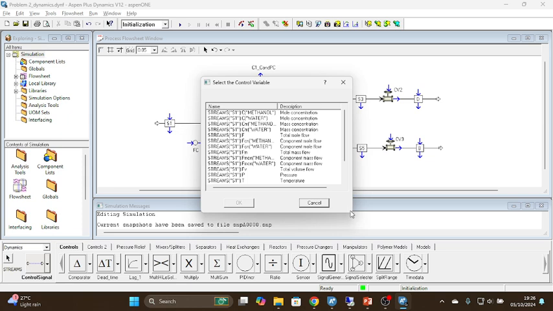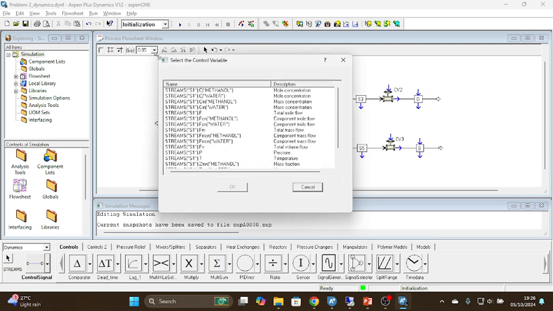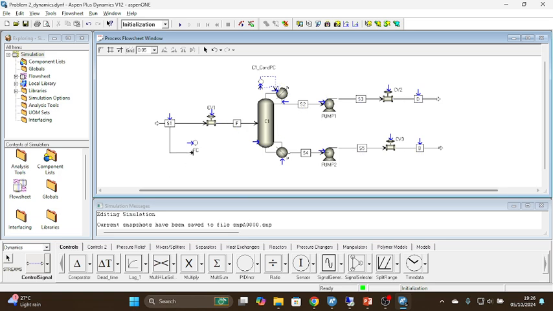I hope the screen is visible. So over here it is given total mass flow, this. So I'm going to select this, I'm going to click on OK.